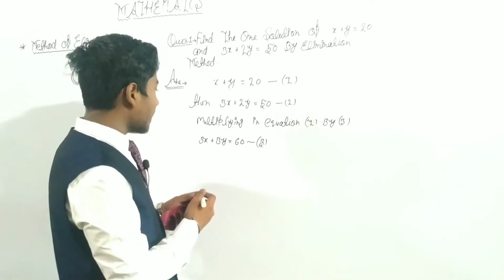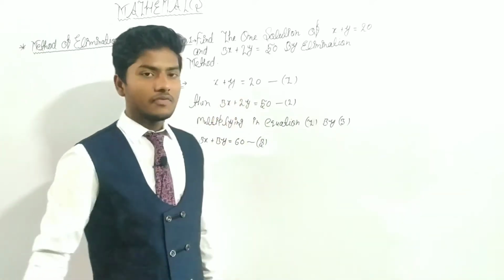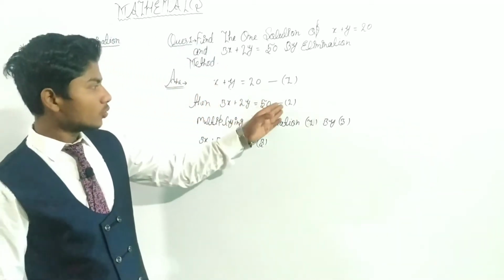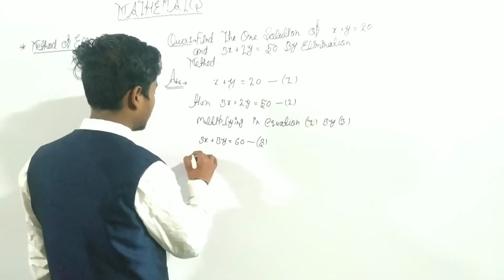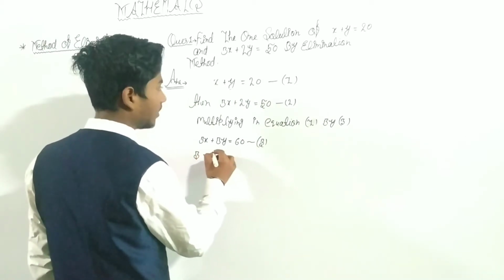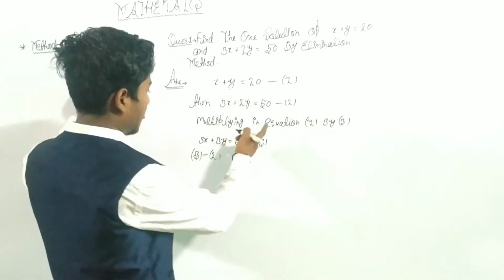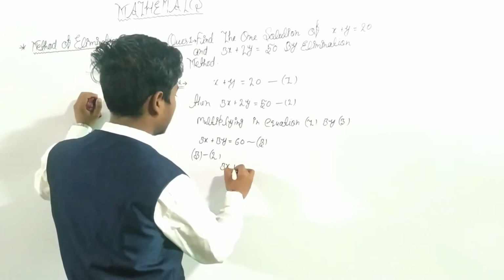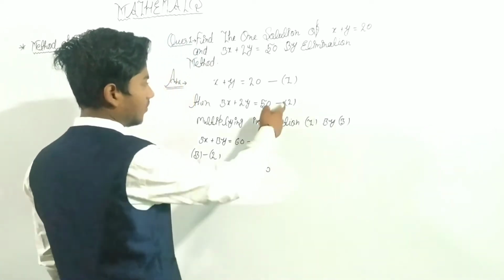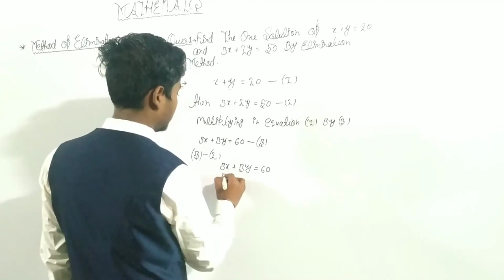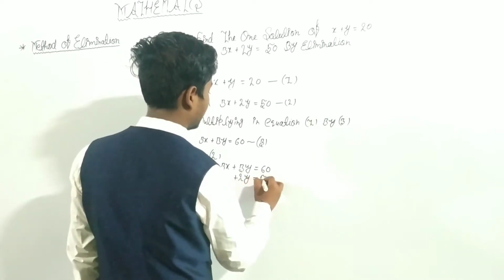Now what can we do for eliminating the variable x? We subtract equation 2 from equation 3. Equation 3 is 3x plus 3y is equal to 60, and equation 2 is 3x plus 2y is equal to 50.